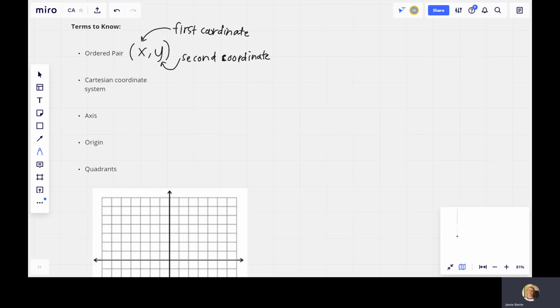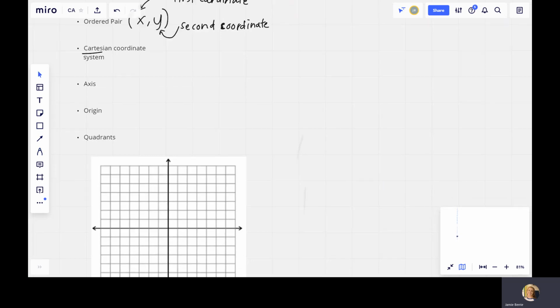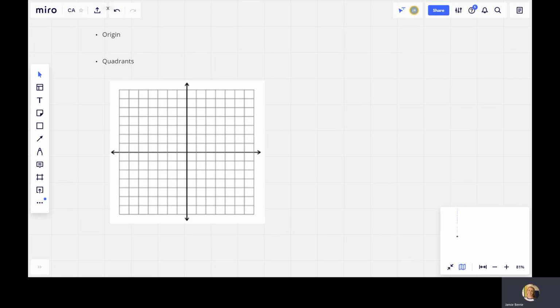Next is the Cartesian coordinate system. The Cartesian coordinate system is named after René Descartes, so that's where the C-A-R-T-E comes from. And the Cartesian coordinate system just refers to this graph here where we have the horizontal axis and the vertical axis.